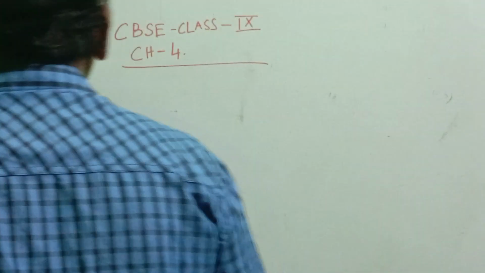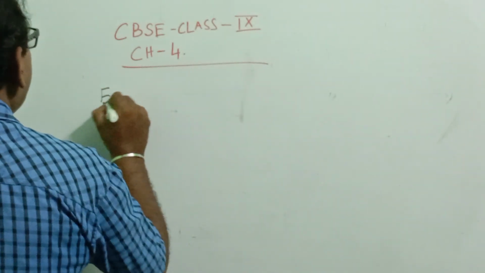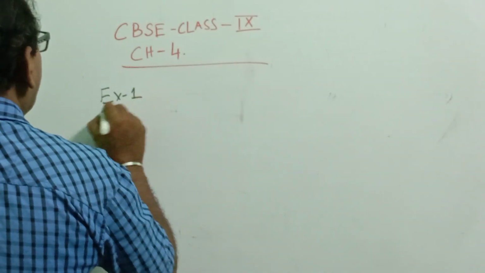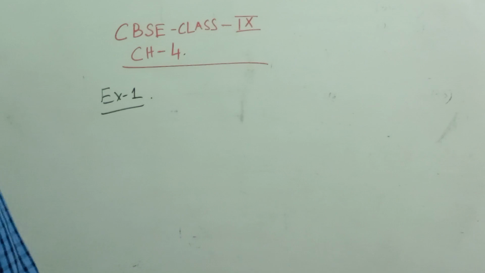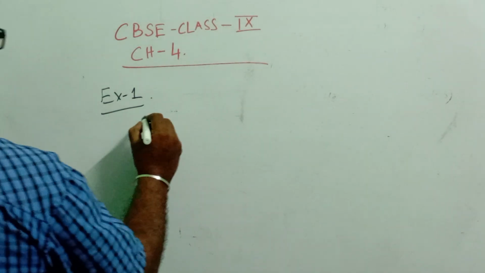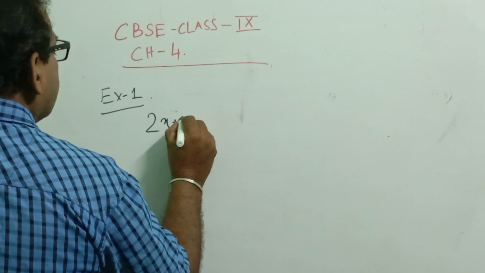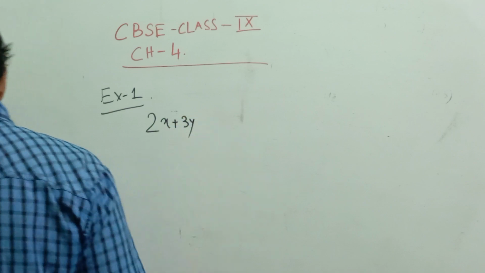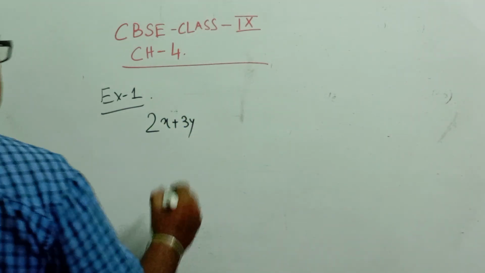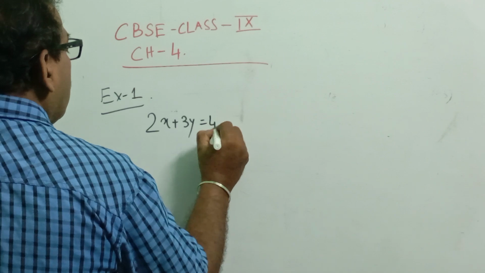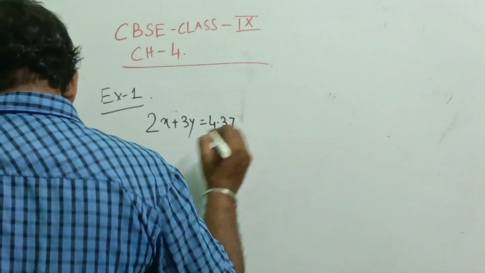Now this is example 1. First one they have given is 2x plus 3y is equal to 4.37.